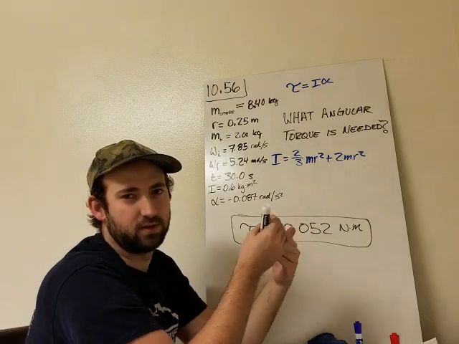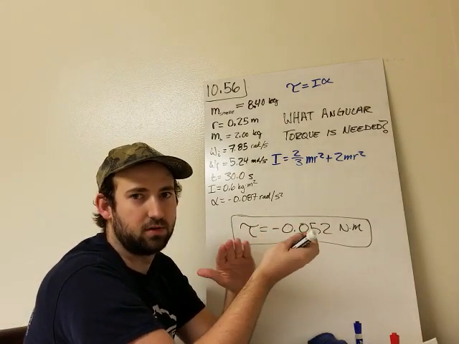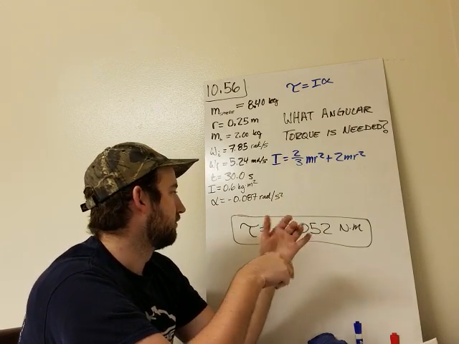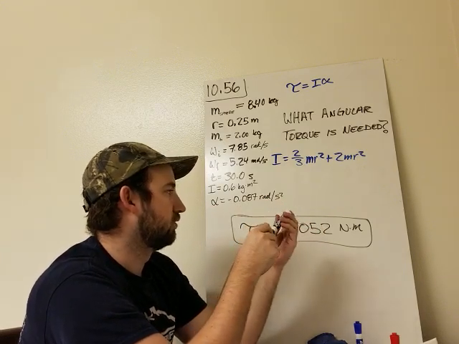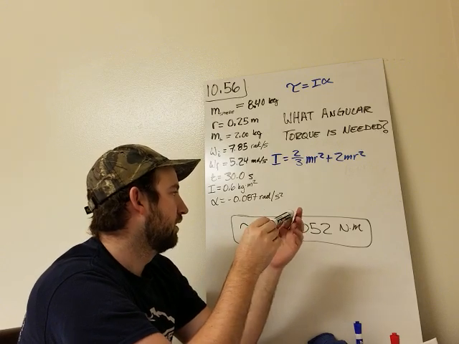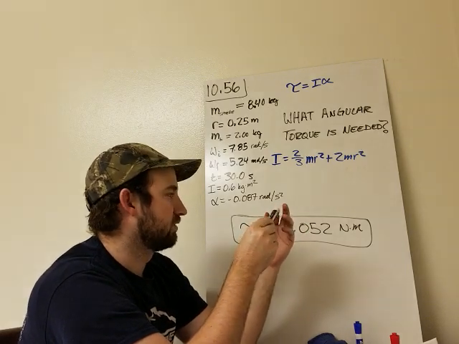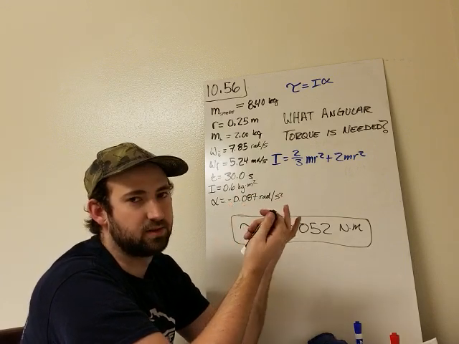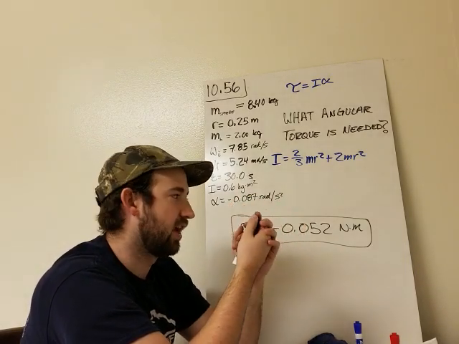Obviously it's negative because it's in the opposite direction of the way the sphere is rotating. That makes sense. It's kind of a small torque, but you have 30 seconds to slow it down, so you don't need a ton of torque to do that.